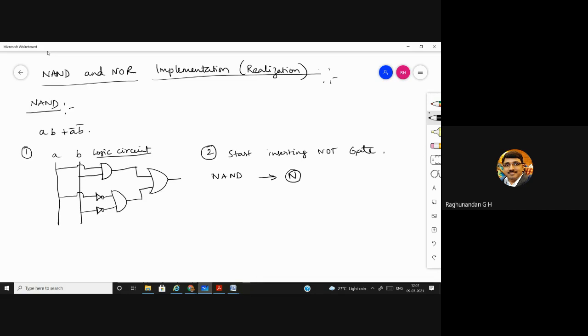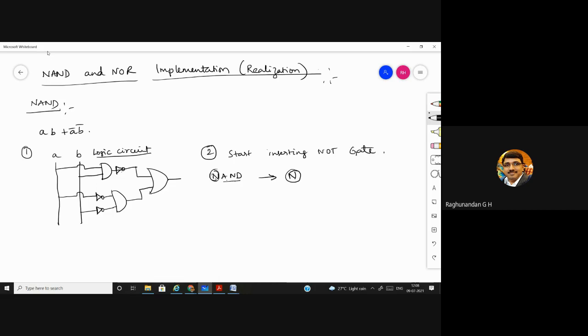In NAND realization, the N comes in the beginning, no? So wherever you have an AND gate, you should put the NOT in front of it. The N is in front of AND.